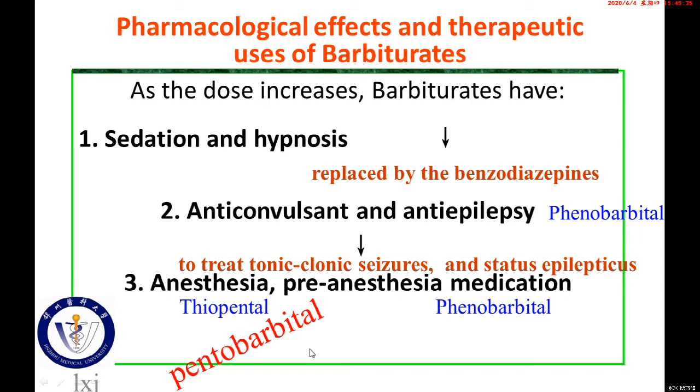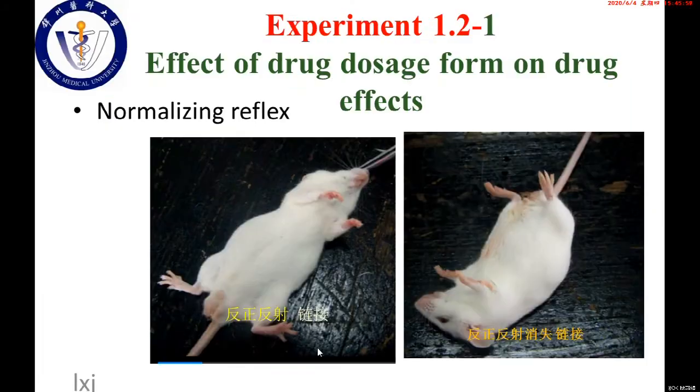After administration of pentobarbital, if the dose is large enough, it often causes anesthesia. When the animals are under anesthesia, they will lose some reflexes. Now, look at this. In this experiment, you mainly observe this reflex.